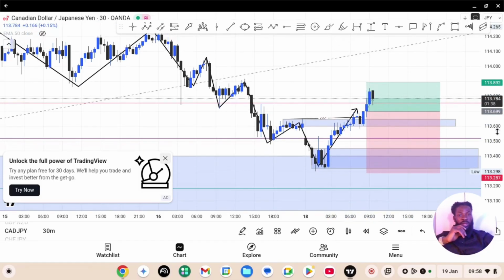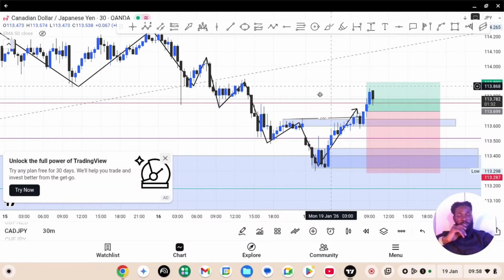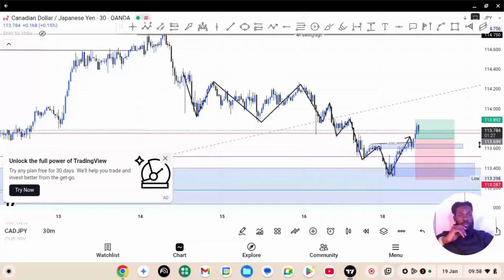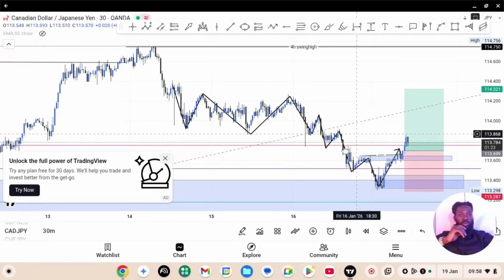So if the market initially pulls back to this order block, you are still in the market. You won't be taken out before the market eventually goes in the direction anticipated earlier on.